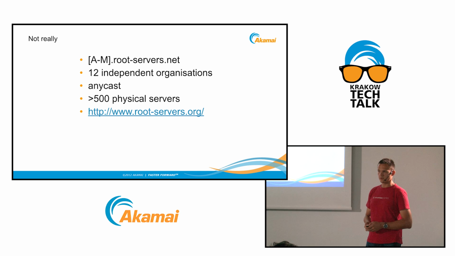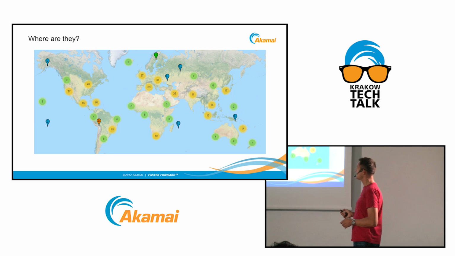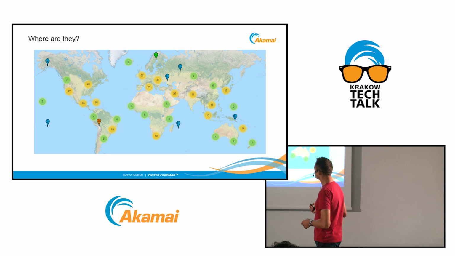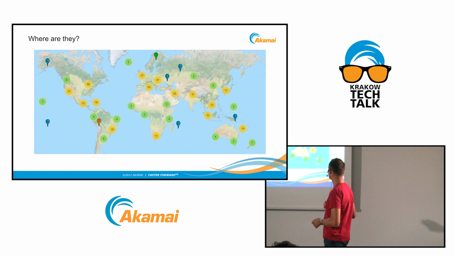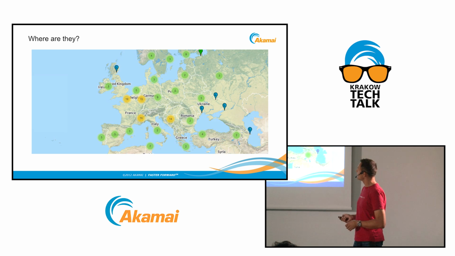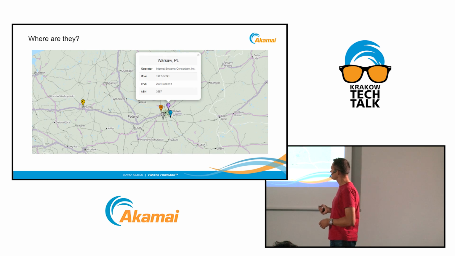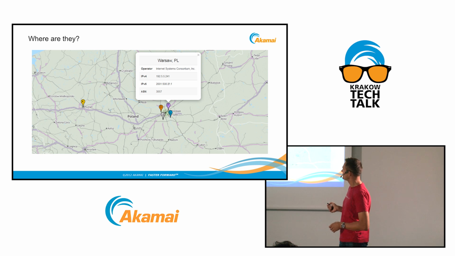An interesting page for you to open, showing how many of them there are and where they are located. For example, you see that we have like 47 somewhere here in Europe. Here, there are 7 of them in Iceland. Now, zooming in a little bit, there are 4 in Warsaw, and I just popped up details of one.